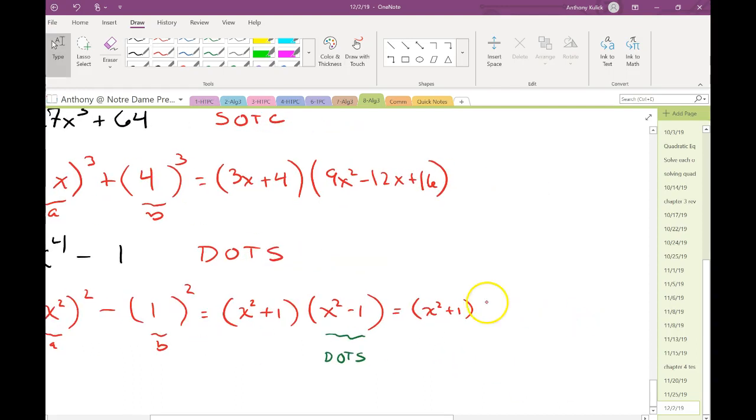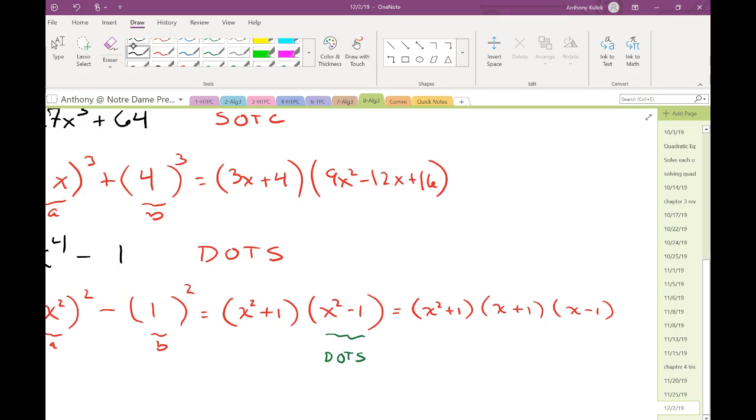But that second piece can factor into x plus 1, x minus 1. So we need to make sure that when we're doing these problems, we're being careful that we are making sure our final answers can't be factored again. Everybody okay with that idea?